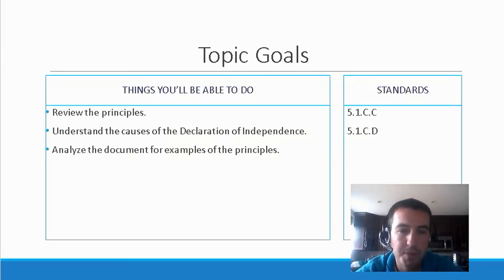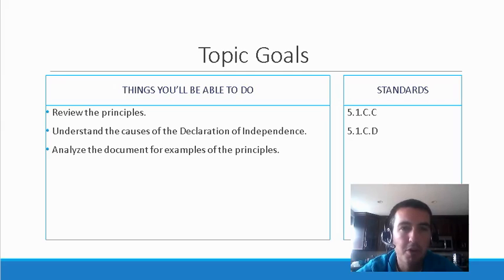So our goals for this lesson: we're going to review the principles before we get started on the Declaration of Independence. I'm going to give you some background information on what caused the Declaration of Independence so you can better understand the document itself. And we're going to analyze the document for examples of the principles.